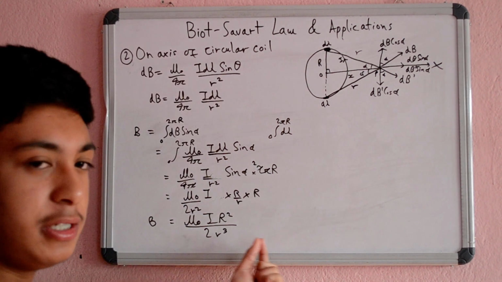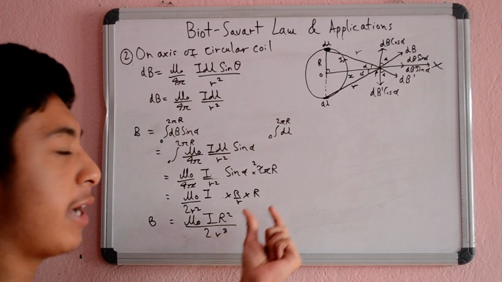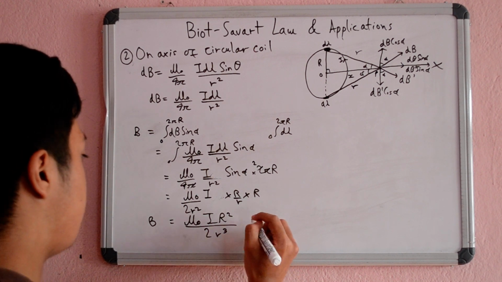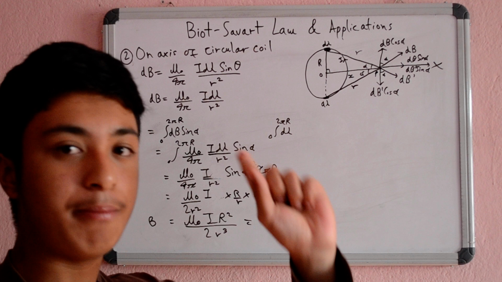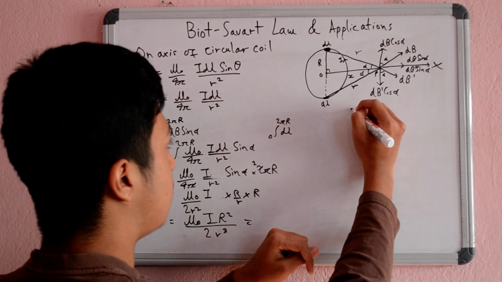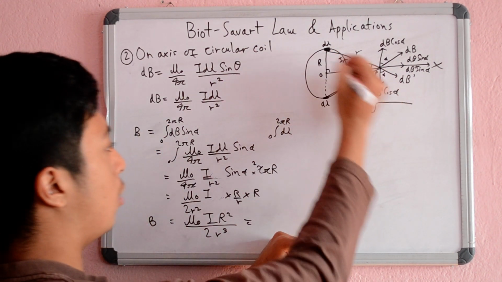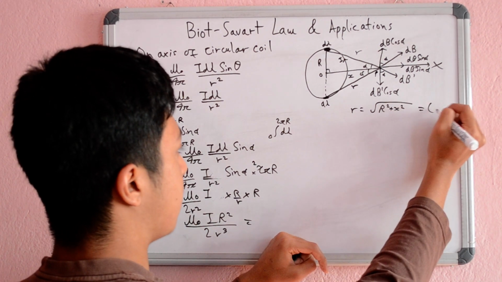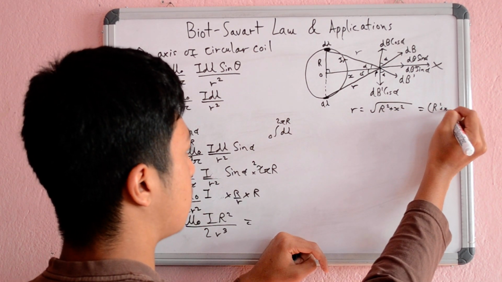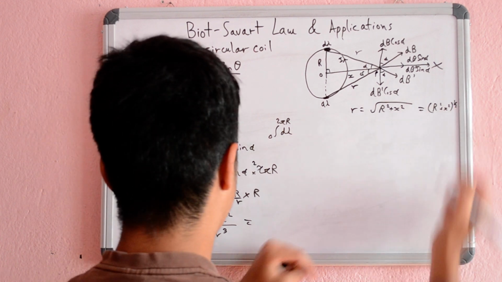Typically you can leave it at that, but you can go further, because using Pythagoras theorem this radius r will be equal to the square root of R square plus x square, which we can write in fractional power as R square plus x square whole to the power 1 by 2.